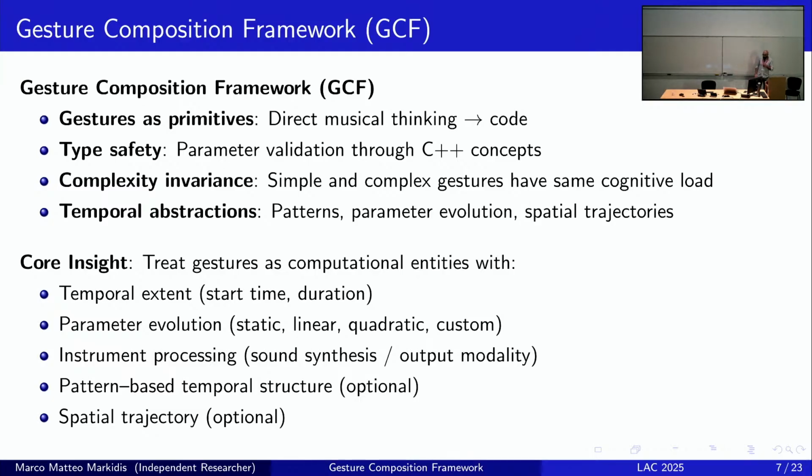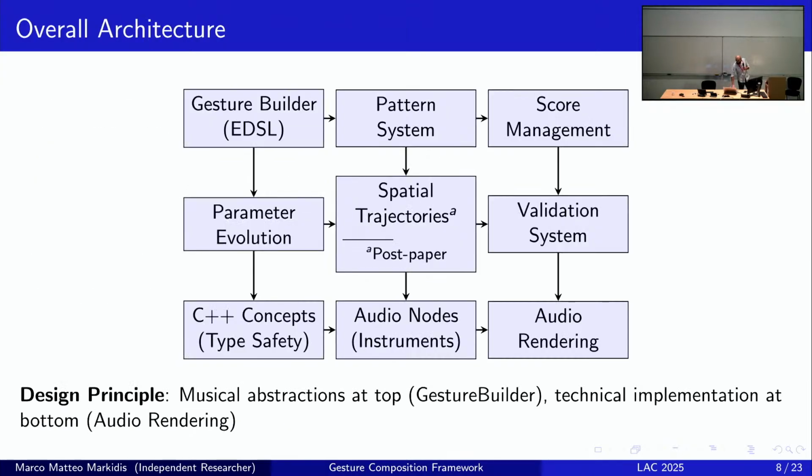It has a link to an instrument processing, actually the sound synthesis processing, or it can also be a different output modality. Optionally, it can have a pattern-based temporal abstraction, or a spatial trajectory. So this is, just to say, the overall architecture.